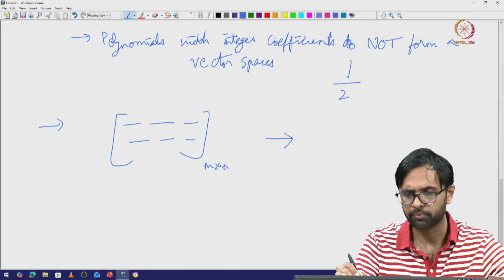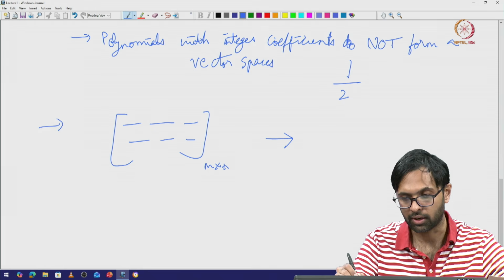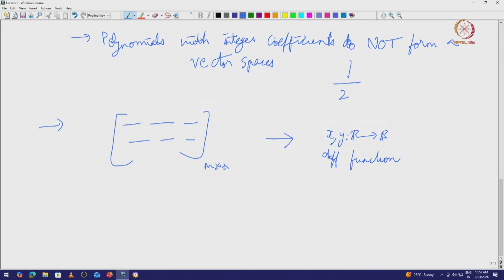And lastly, this will be more relevant to us in the second half of the course in some sense. So if I take all differentiable functions from R to R satisfying a differential equation, these form a vector space.